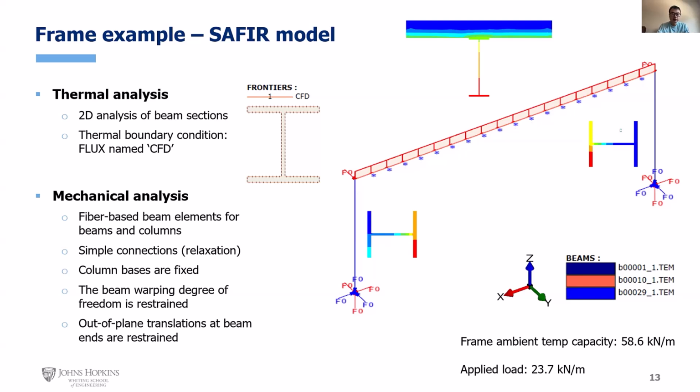In the mechanical analysis, the coordinates are consistent with the FDS coordinates. For the column, we assume it is fixed to the ground, and we use a simple connection between the column and the beam, which means there is some relaxation to release the moment in the connection.